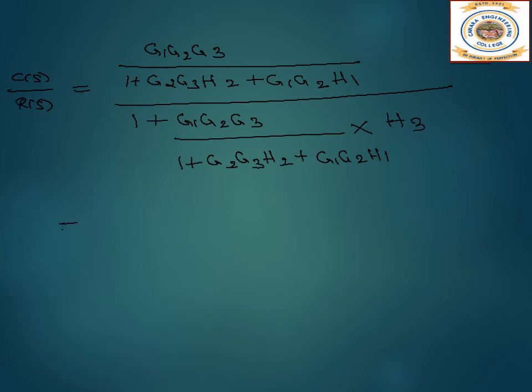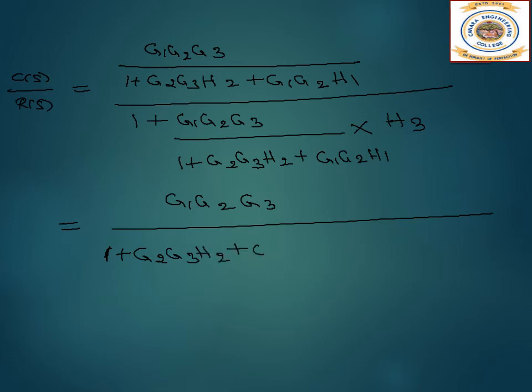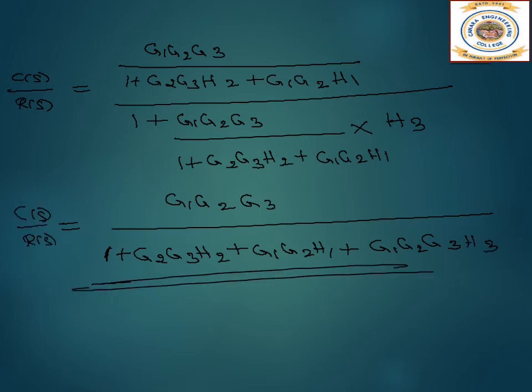Again you take the common denominator and simplify. We get G1 G2 G3 whole divided by, this denominator cancels, after you take the common denominator, 1 plus G2 G3 H2 plus G1 G2 H1 plus G1 G2 G3 H3. So C of S by R of S, this is the answer.